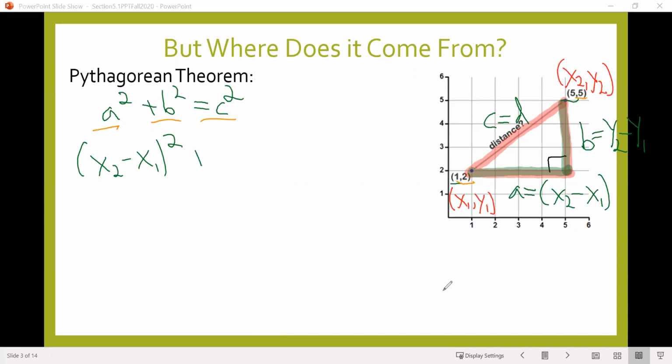And so this would become plus (y2 minus y1) squared equals, and then our value for C, we said that's actually our value for D that represents our distance, so we have D squared.